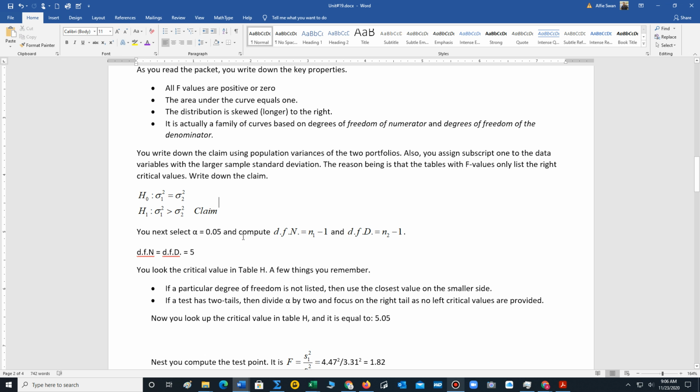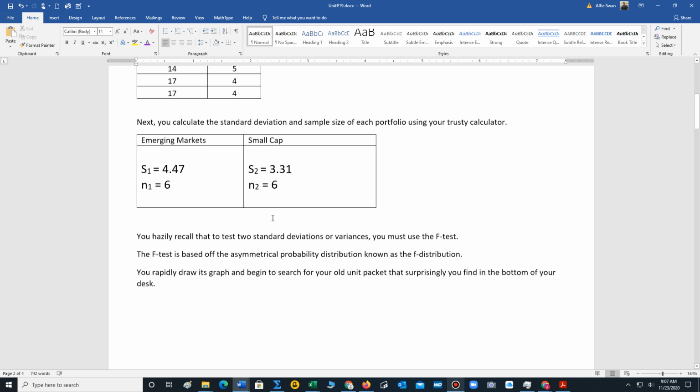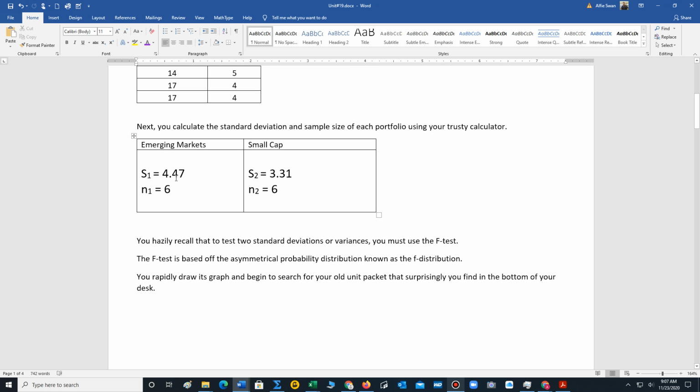You write down the claim using population variances of the two portfolios. So when we perform the F-test, we always have to compare the population variances. Also, you assign subscript 1 to the data values with the larger sample standard deviation. We've already done this. The larger sample standard deviation is 4.47.